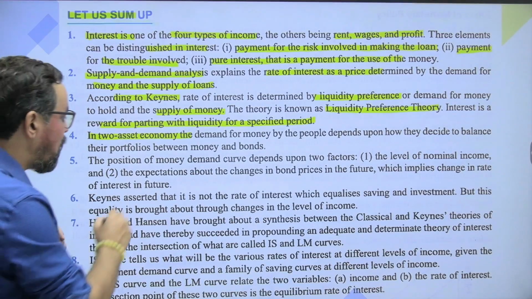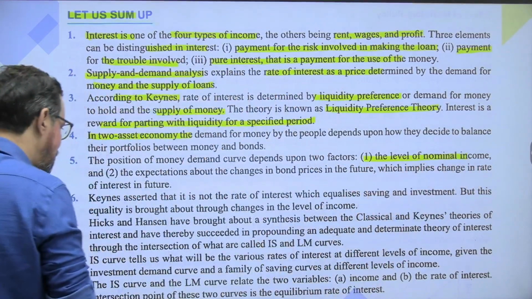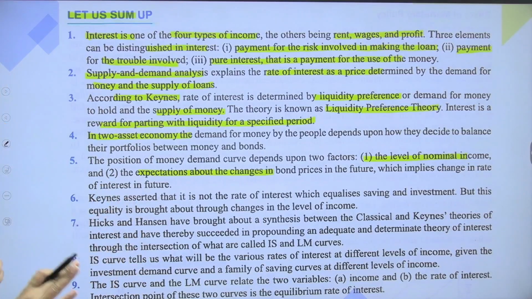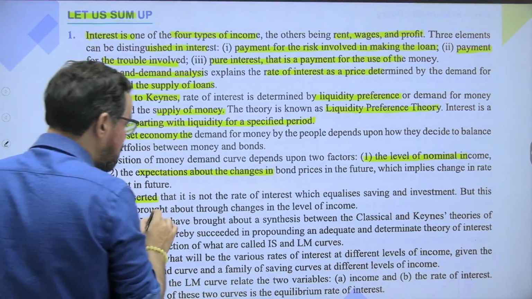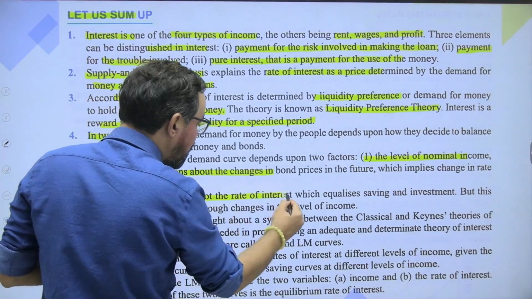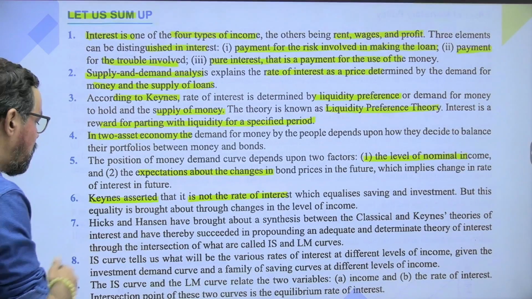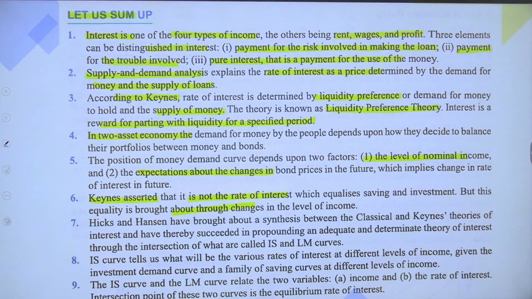The position of the money demand curve depends on 2 factors: one is the level of nominal income, and the expectation about changes in bond prices in the future. Keynes asserted that it is not the rate of interest which equalizes savings and investment, but this equality is brought about through changes in the level of income as well.